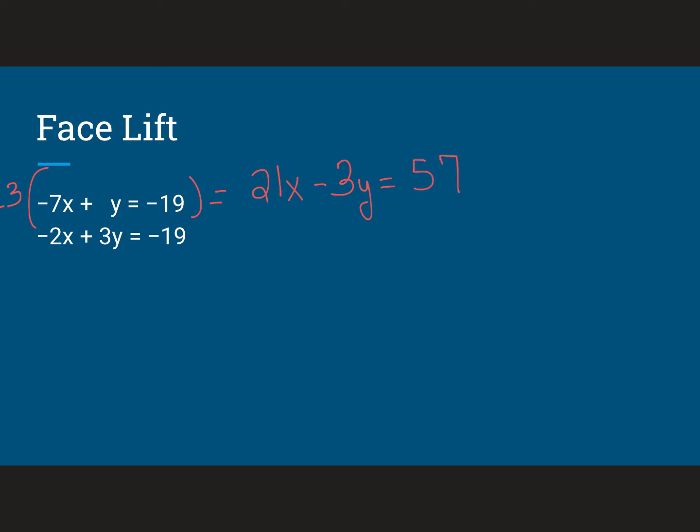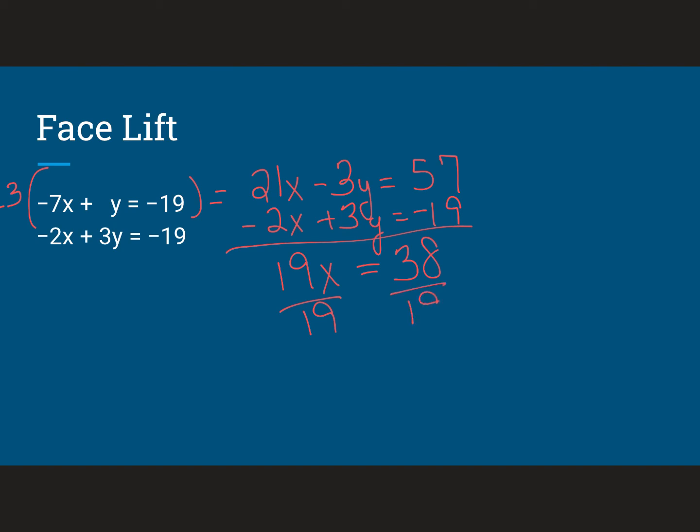I'm going to bring over the bottom equation, negative 2x plus 3y equals negative 19. When I add these, I'm going to get 19x equals 38. Divide both sides by 19. And I get x equals 2.